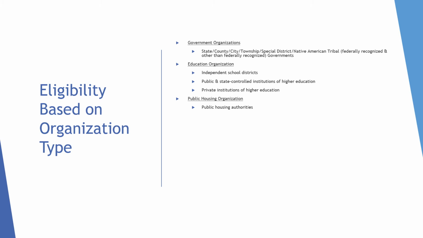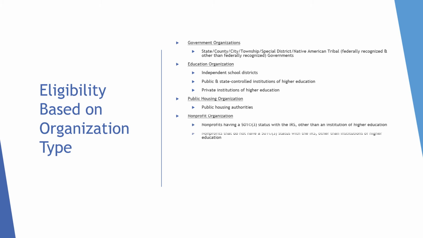Public housing organization. That's basically public housing authorities. Nonprofit organization. Nonprofits having a 501c3 status with the IRS, other than an institution of higher education, and nonprofits that do not have a 501c3 status with the IRS, other than institutions of higher education.